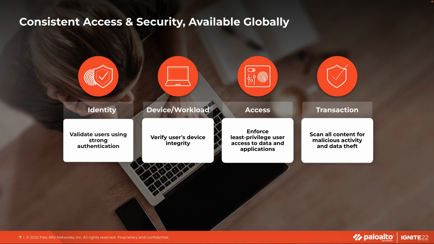Next is access. Enforce least privileged user access to data and applications across your network, regardless of the location. And then finally, it's transactions. Scan all content for malicious activity and data theft, making sure that there are no threats in the data accessing your network. Through this presentation, we will give you examples of how to implement these phases, including best practices.